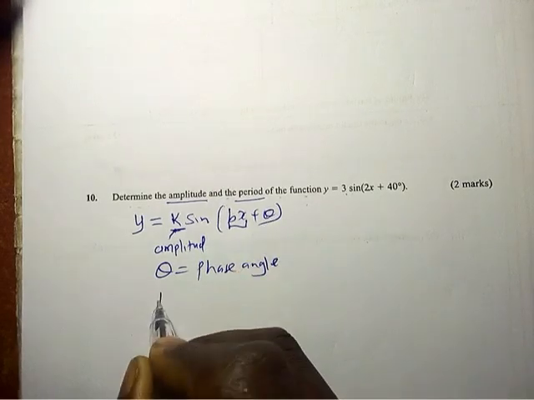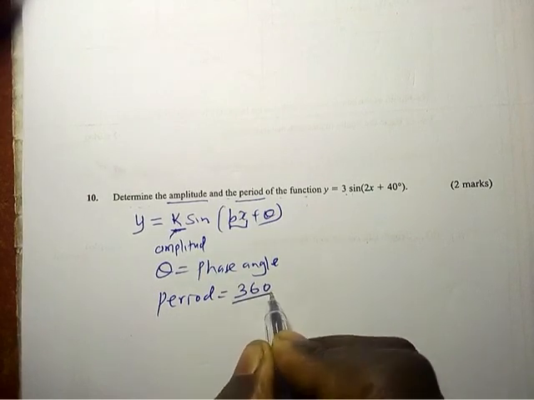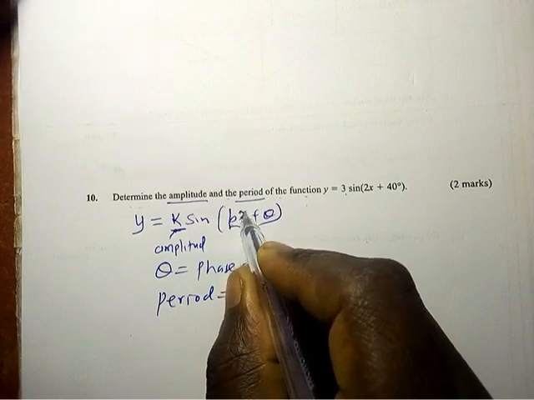Theta is phase angle, and then the period is 360. You divide by b, the coefficient of this x.